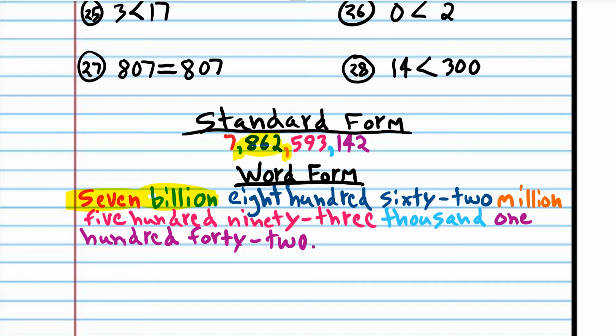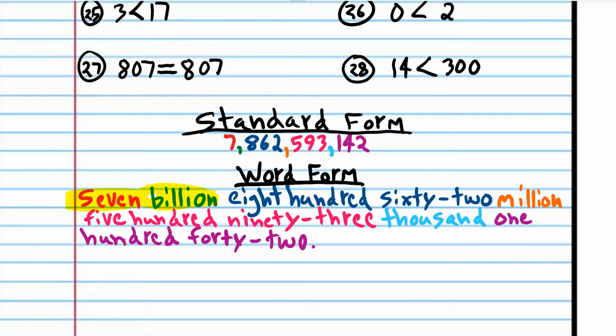This is the million period. So when you get to this comma here, you say the period that precedes it, which is million. When you get to this comma, you say thousand, because that's the period that precedes it. And the period that precedes this comma is billion, so it's 7 billion.